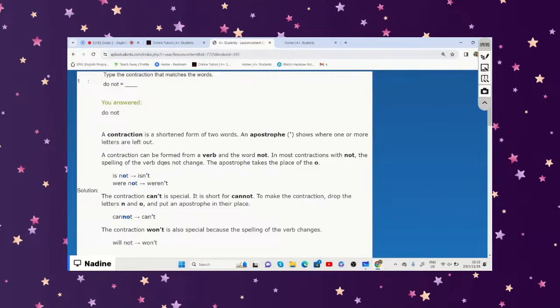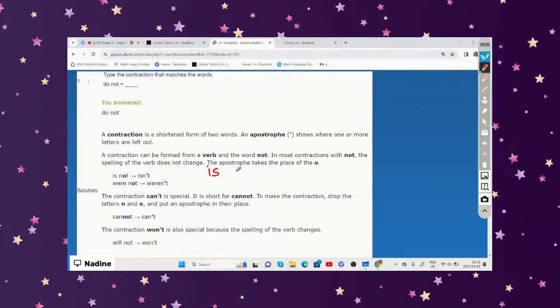In most contractions with not, the spelling of the verb does not change. The apostrophe just takes the place of the O, which means that we leave out the O in not, and we put the apostrophe in its place.